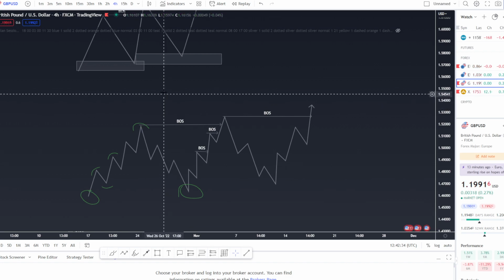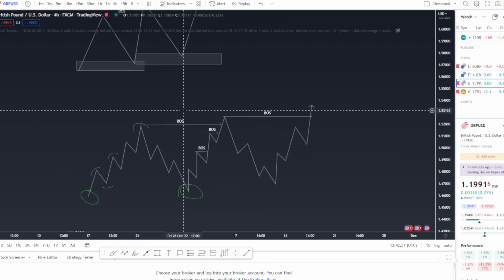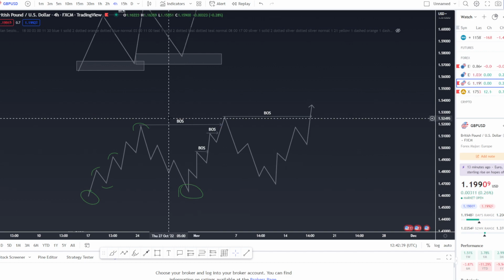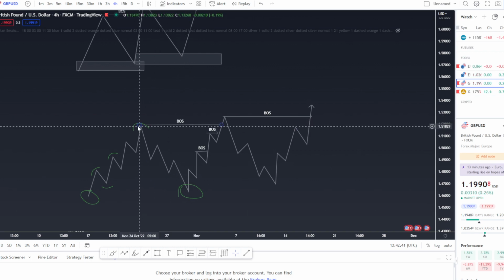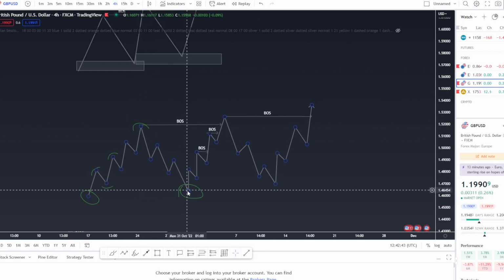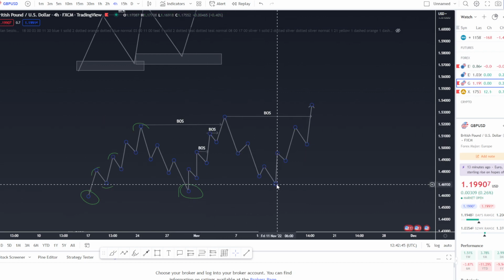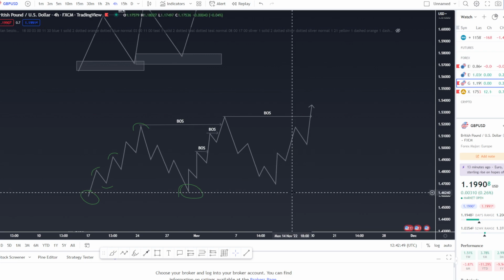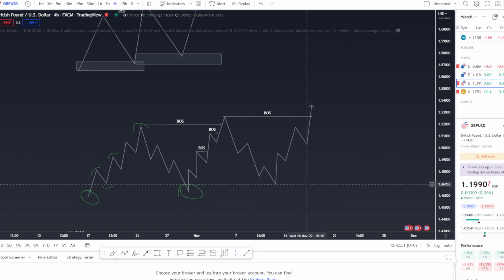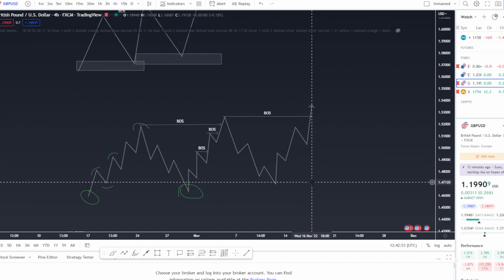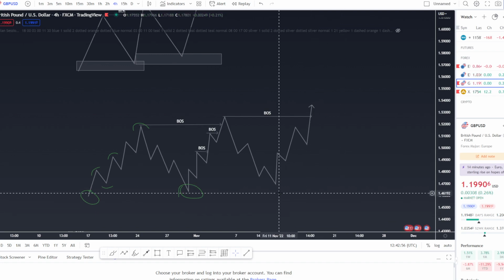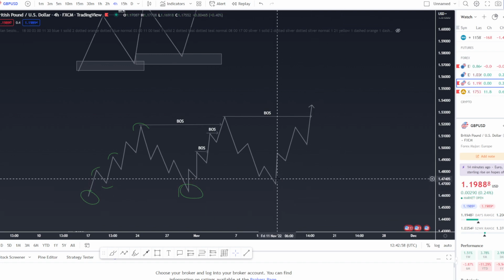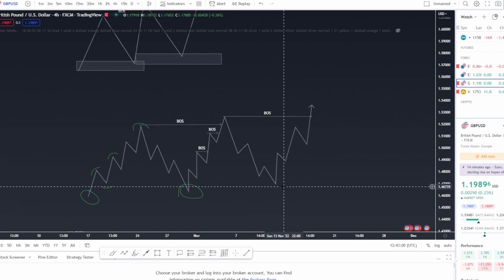If we was to go up to the daily time frame, or maybe even the weekly time frame, we would see that these 4-hour external swing highs and swing lows are actually internal structure on the higher time frames, okay, which is very interesting and something that you can use to your advantage very well.